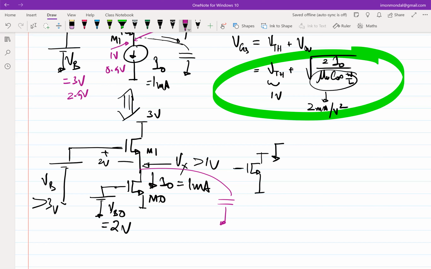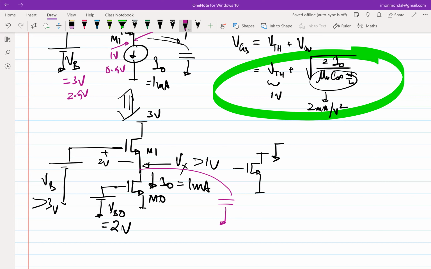Okay. So now tell me what's going to happen if let's say I double the size of M0. Right? I double the size of M0. So you agree that the current I0 will change. I0 current doubled. So what's going to happen? Now, because now current has doubled, but M1 size hasn't changed, Vx decreases, right?